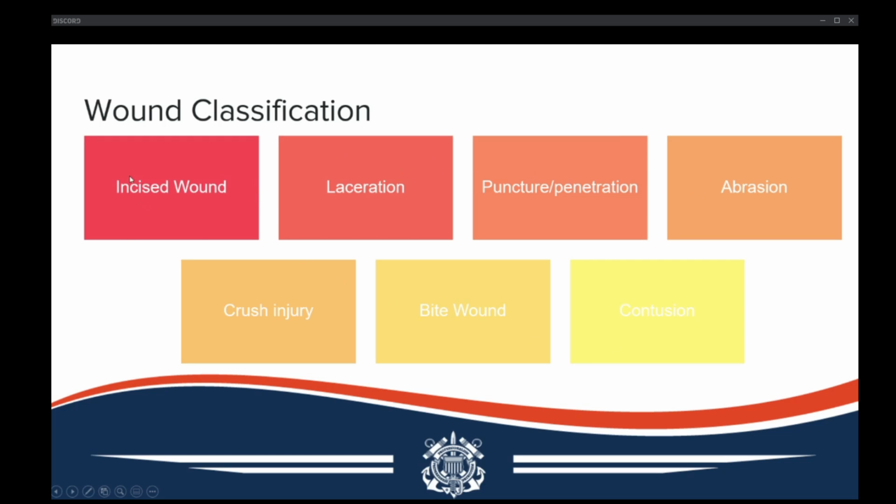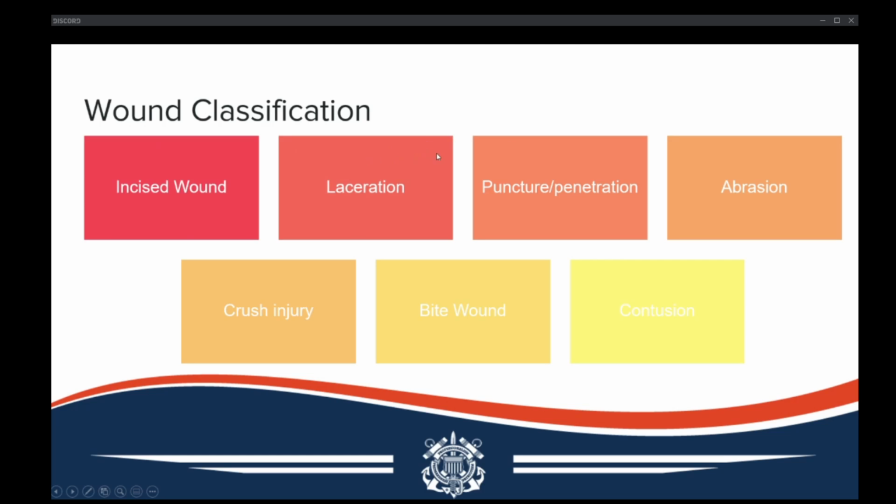And it's a good way to decide how you're going to treat them. Incised wounds, often by shards of glass if they've gone through a window, or a knife, a typical clean cut. If any major arteries or veins have been cut, apply major pressure and a tourniquet, and clean and seal the wound. Again, getting to the hospital is the key.